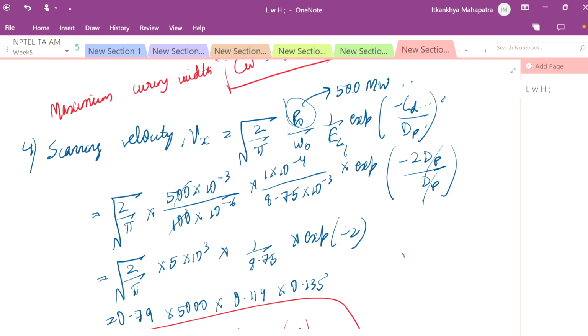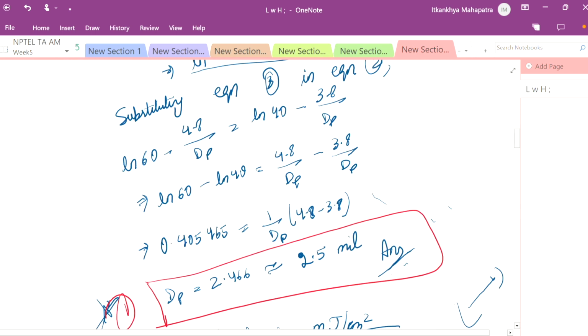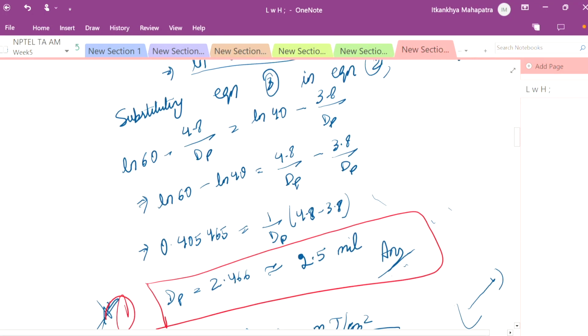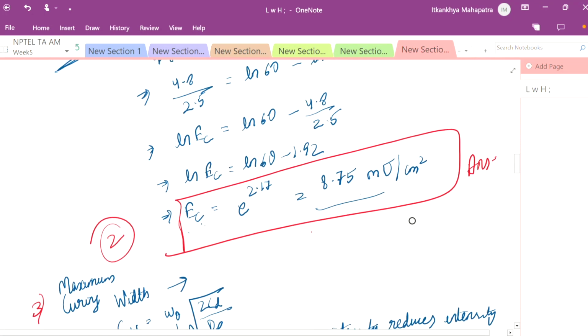So here you have to be mindful of the conditions which have been given. CD is equal to 2 DP, and this again varies depending on the values you got earlier. EC is your critical exposure, which we found out here.